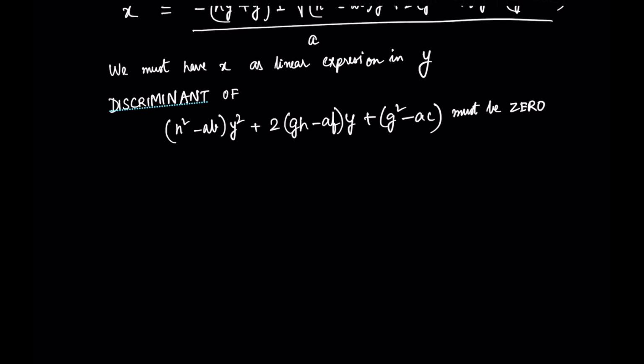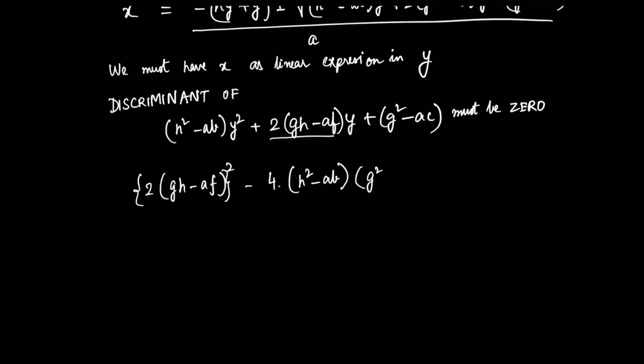What will be the thing? Discriminant is nothing but b square minus 4ac. So b square is this part: 2 into gh minus af whole square. This is b square, minus 4 into a, which is h square minus ab, into g square minus ac, is equal to 0.